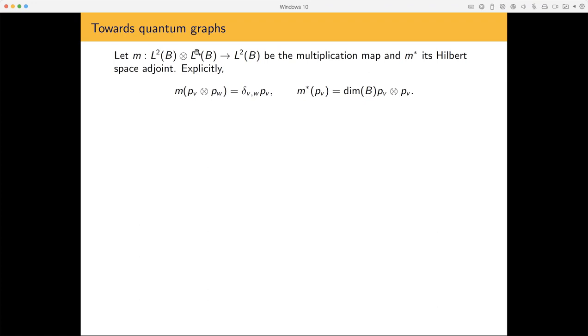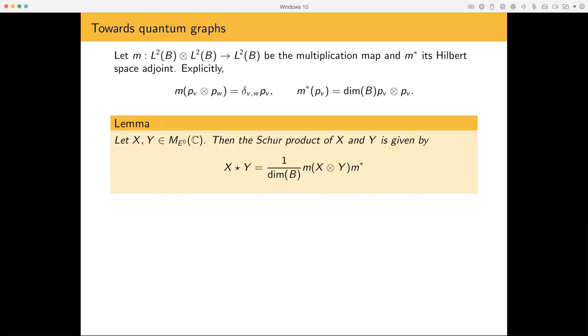I've written down the formula here. That's how you multiply these orthogonal projections, and the adjoint of that with respect to the Hilbert space structure coming from the canonical trace is just given by this formula. Easy to check.